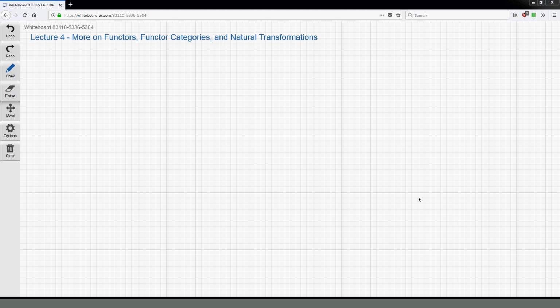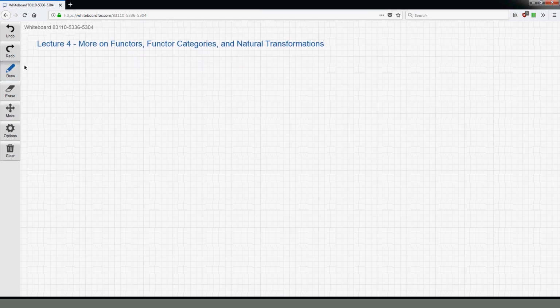So if you recall from last time, we looked at the functor which took an object and mapped it.